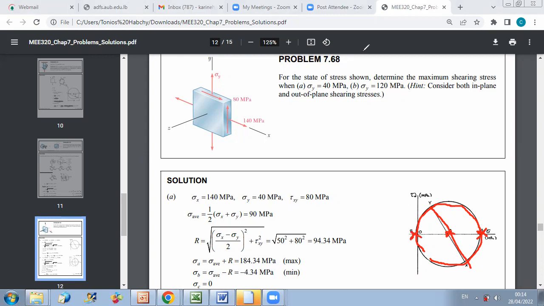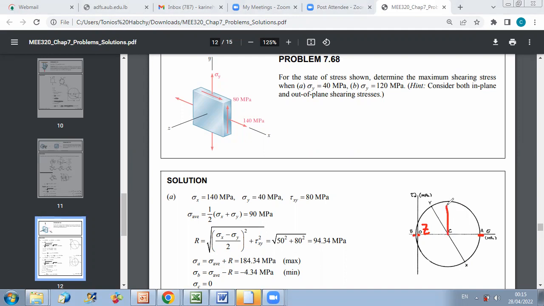opposite sides of O. When you have A and B at opposite sides of O, and your third principal axis is Z, then you can say that the largest radius will be that of circle AB. And this means that the maximum shearing stress will be the one corresponding to the radius of circle AB.